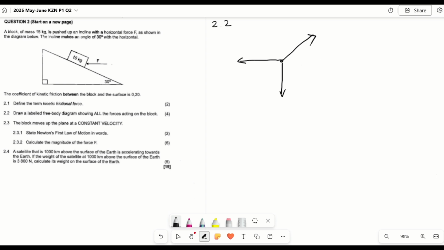And we'll have frictional force opposing the direction of movement, so kinetic friction. So we have the normal perpendicular to the plane, we have weight, and we have the force being applied to the block.